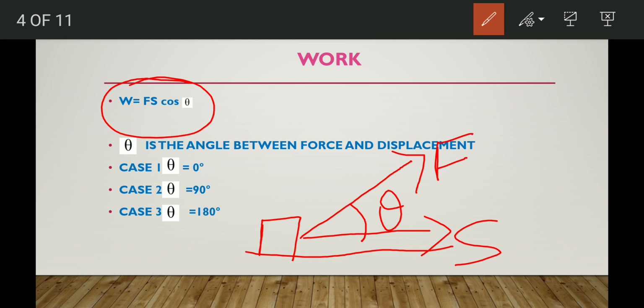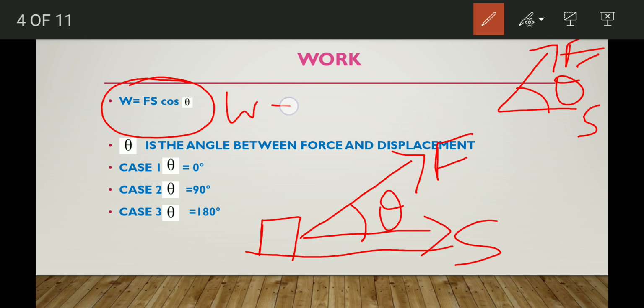Now this theta, which is the angle between force and displacement, can be acute. That means it is possible that the angle between the force applied and displacement is less than 90. In that case, work will be positive.